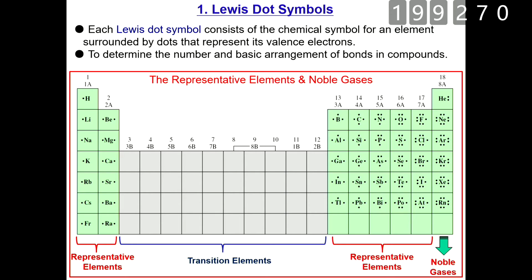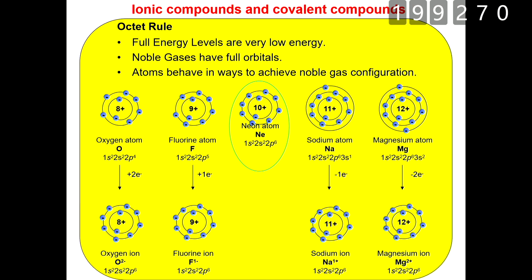Like 2, 3, 4, 5, 6, 7, and here 8. And we also introduced the octet rule. So basically atoms tend to form the full orbital, okay, because the full energy levels are very low energy.